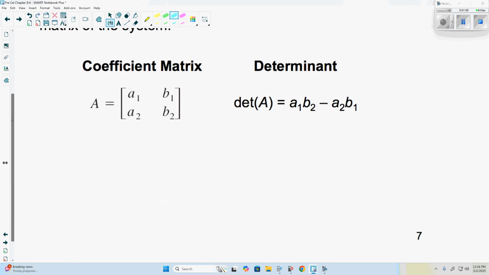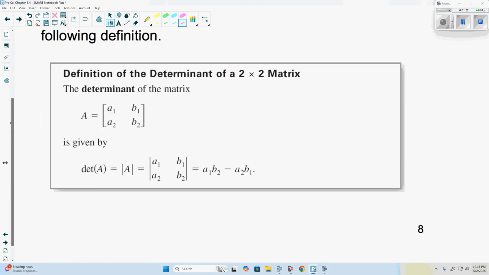Now the coefficient matrix, A1, B1, A2, B2, the determinant is A1, B2 minus A2, B1. This product subtracted from this product. And by definition, we get this here.